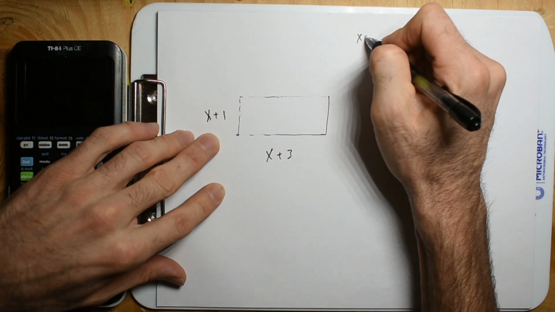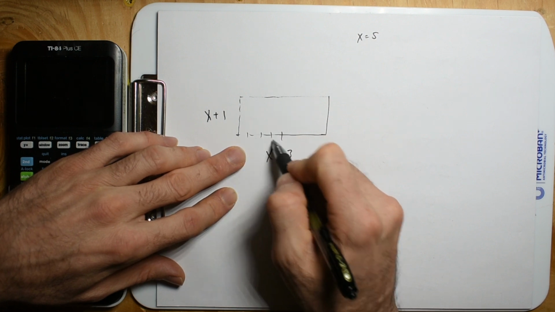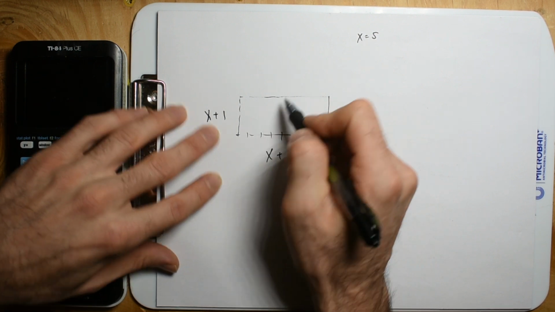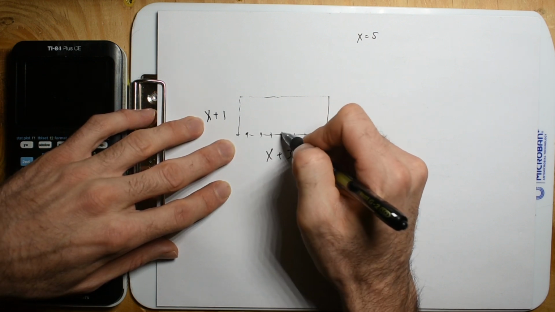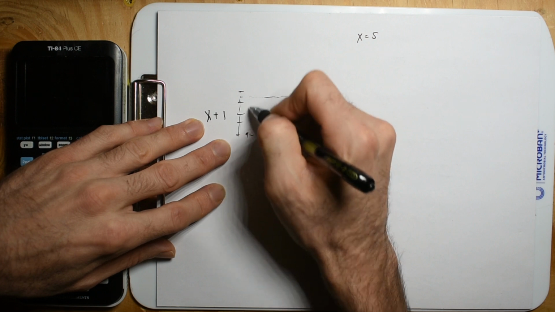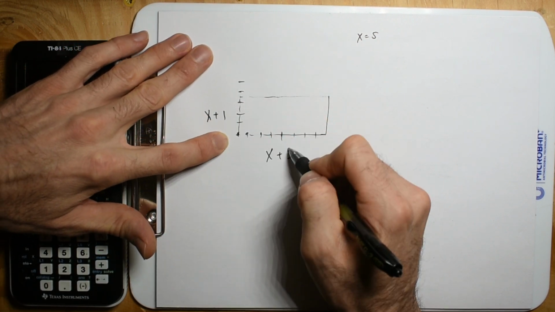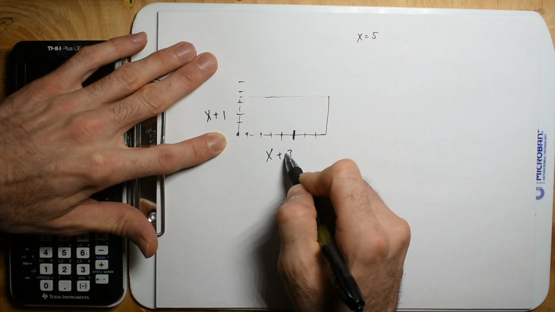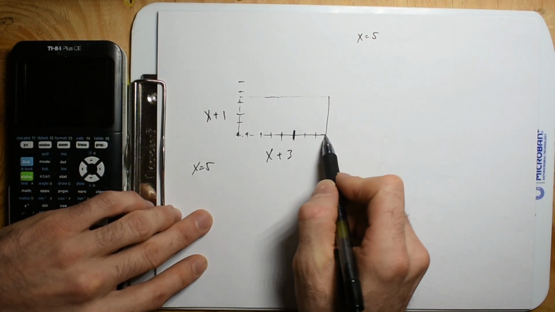For here, I'm just going to say x is 5. So let me just divvy this up. And if this is 1, 2, 3, 4, whoops, I didn't draw this right, but there you go. So x is equal to 5, and then we have plus 3, so we have 8 here.